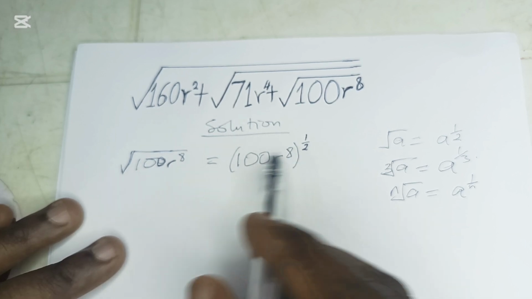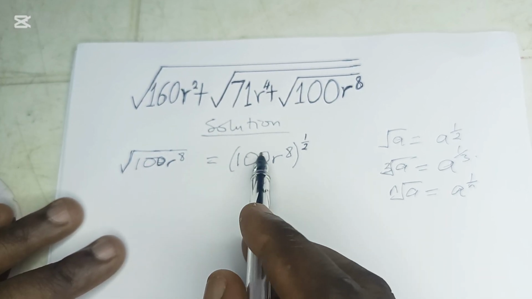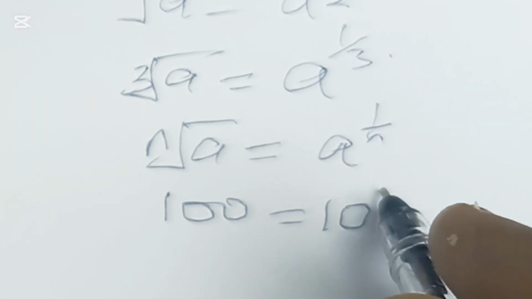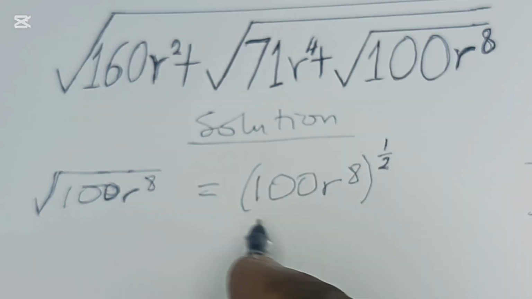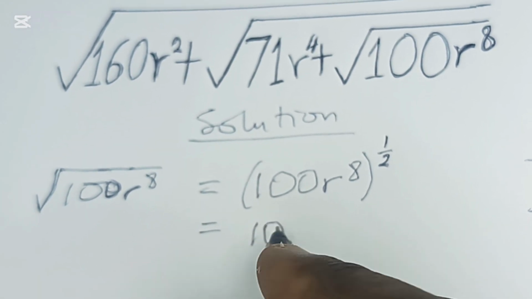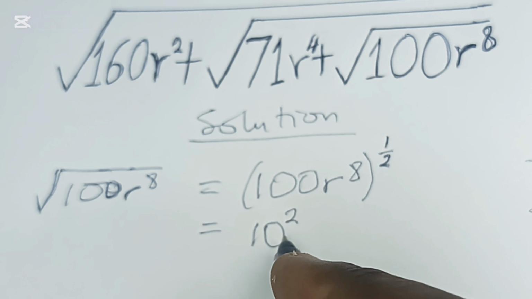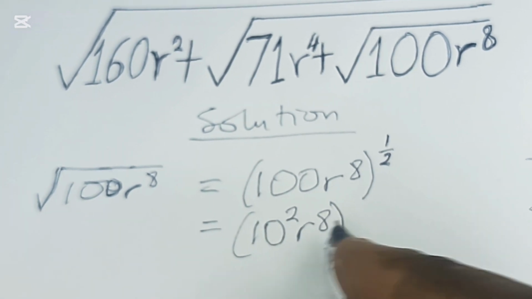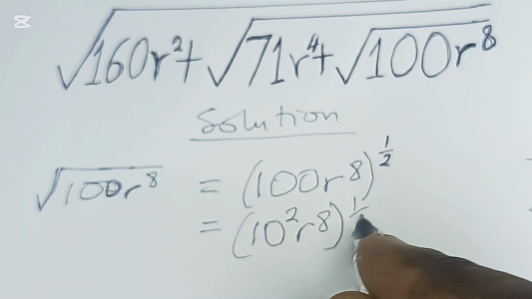So therefore, we are applying that here. 100 can be written as 10 raised to the power of 2. So we have 10 raised to the power of 2, r raised to the power of 8, all raised to the power of 1 over 2.